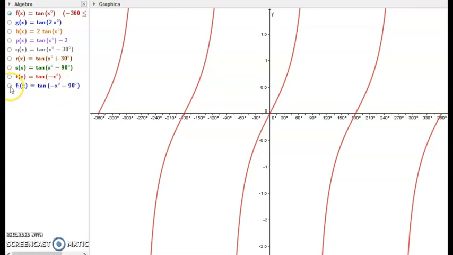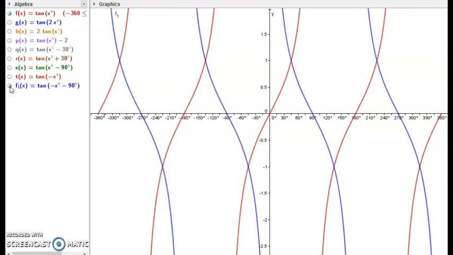And how will this graph display? Yes, well done. This graph will now pass through 90 degrees and it will have an asymptote at 0 and the other asymptote will be at 180 degrees. The next asymptote will then be at 360 degrees.